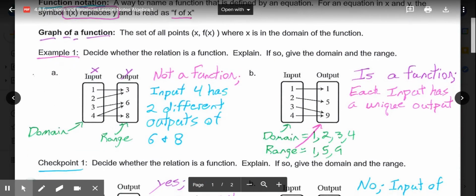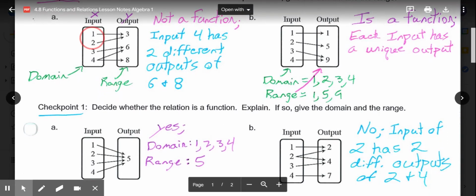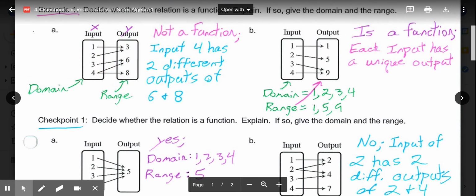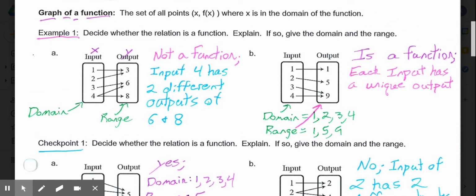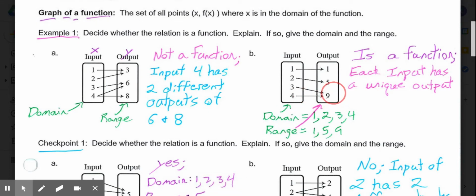So a reminder, when we're looking at an input-output table for a function, it may look like a two-column table or two different vertical boxes here. And the rule again for a function is that each input has one unique output, meaning that every input has only one output related to it.